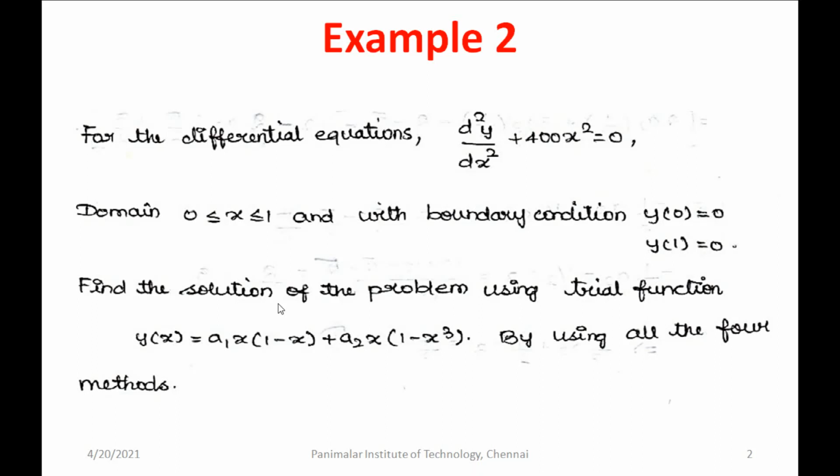The trial function is y of x equal to a1 x into 1 minus x, plus a2 x into 1 minus x cube. So we have to use this given trial function for solving this differential equation. In the last example I already told you, if the trial function is not specified, how to assume the trial function.